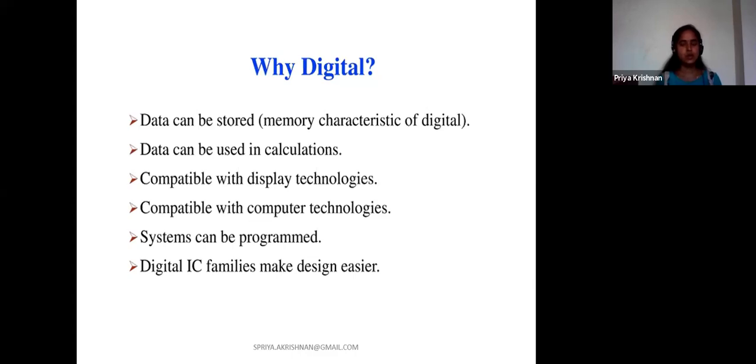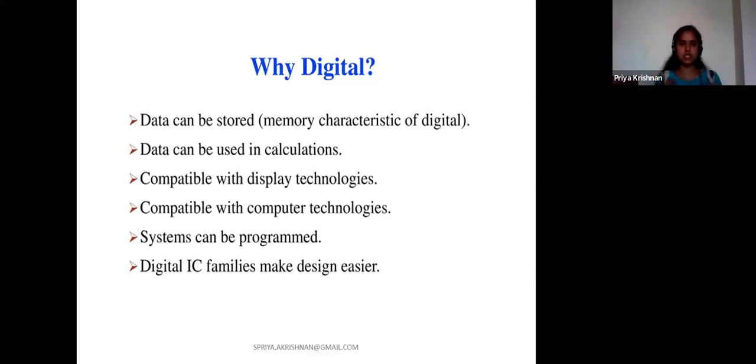So if you want to save something or analyze something, then you have to go for digital signals. Yes. Do you all save songs? Do you all download images and videos? So we are all using digital things.